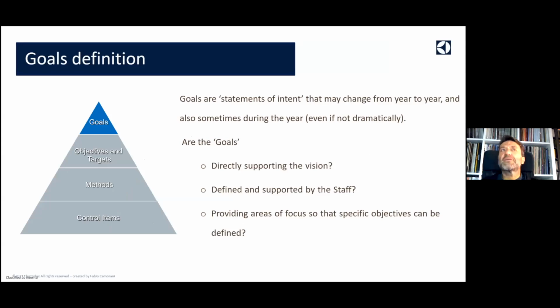So let's start from the goals. First step is goals are statements of intent. So the goals may change during the year, even if not dramatically, but they may change. Think about COVID impact 1 year ago, 1.5 years ago. Every factory started the year with some clear goals, and after 2, 3, 4 months, everything changed.